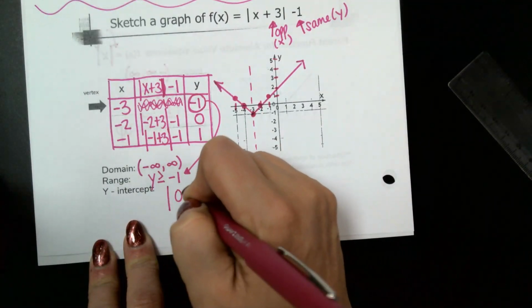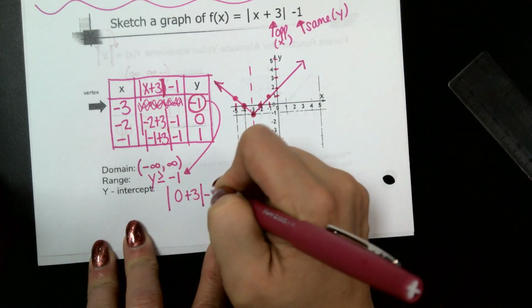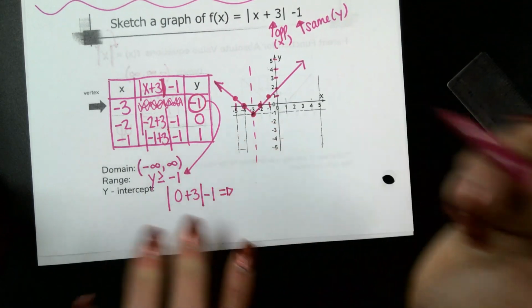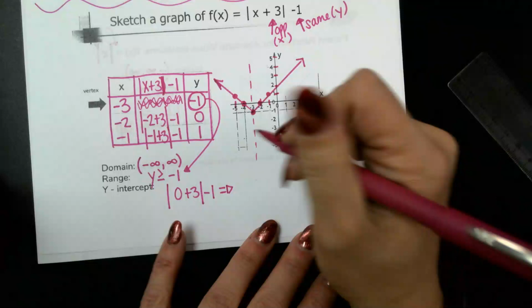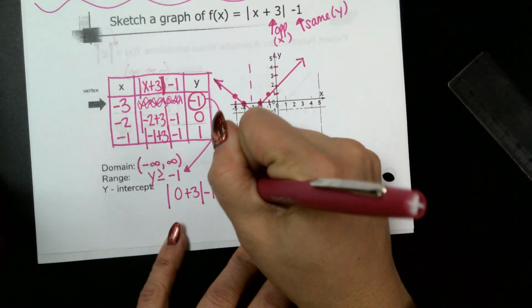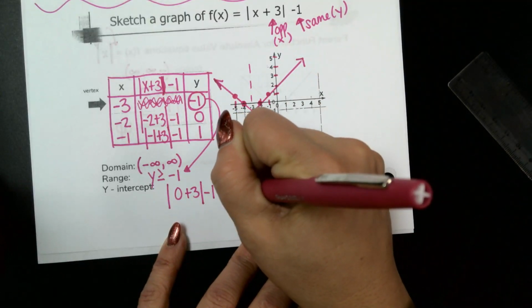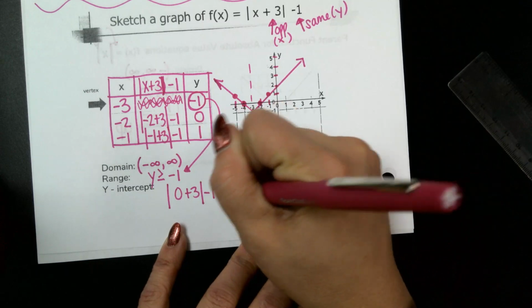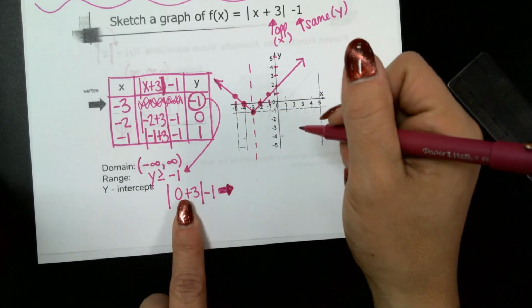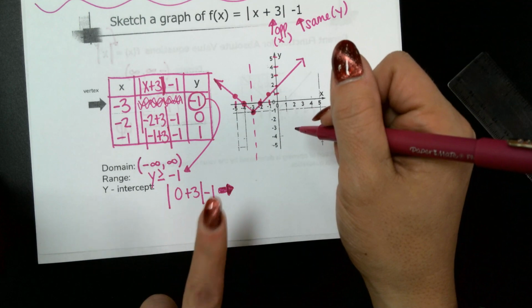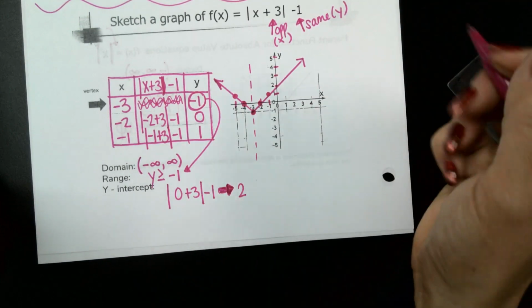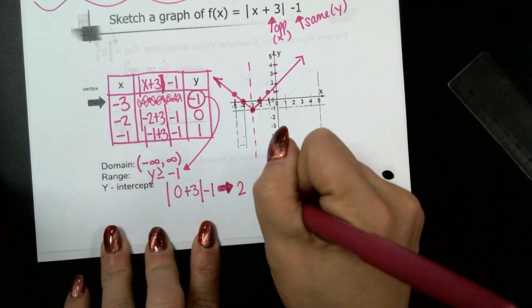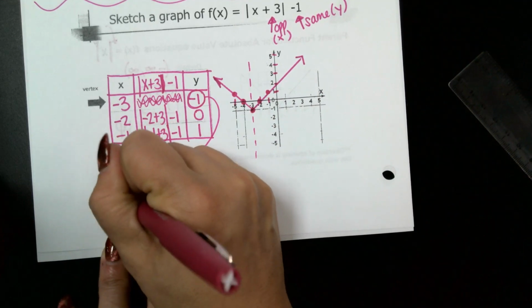I'm going to put a 0 plus 3 in the bars minus 1. And let's just make sure that we actually get an answer of 2. What's 0 plus 3? And the absolute value of 3. Absolute value of 3 is 3, and then minus 1 is 2. So my y-intercept would be 0, 2.